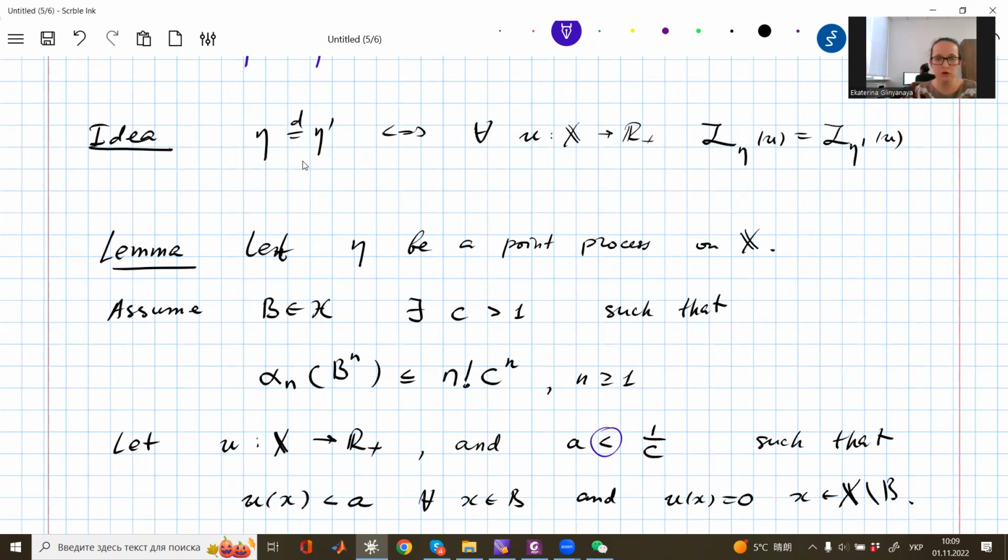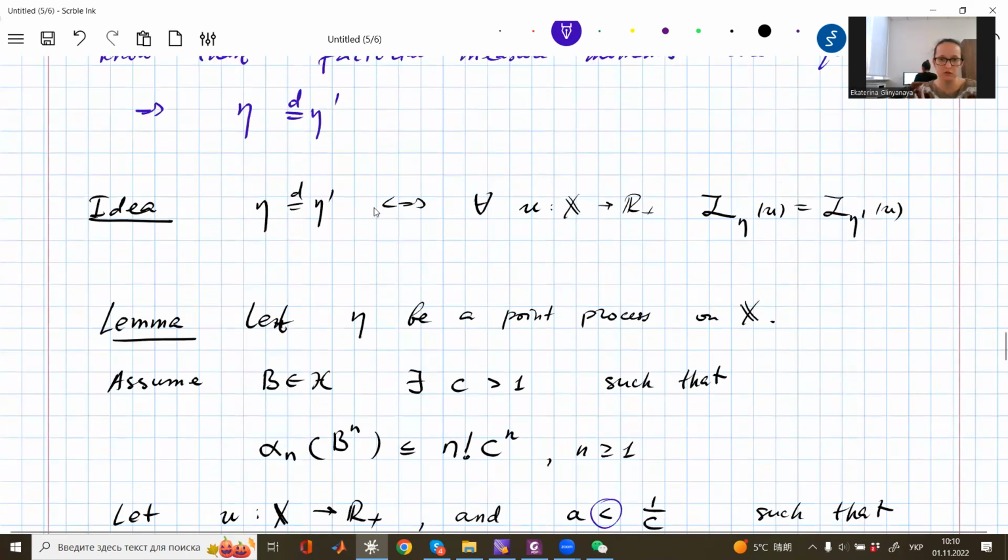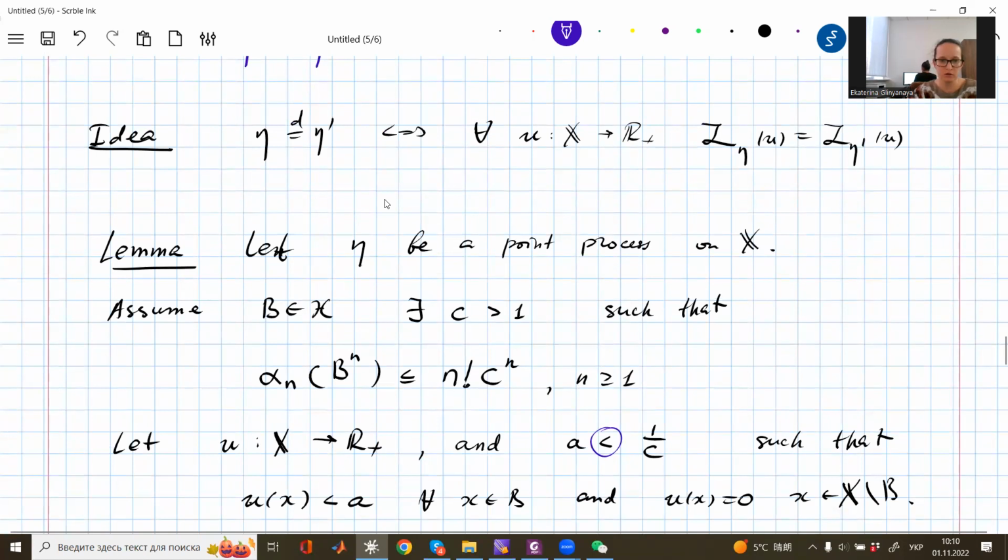And we saw that the factorial moments can uniquely define a point process under some conditions. This condition is not so strict, as we will see from practical questions later. So this is all for today's lecture, and if you have questions, you can ask.